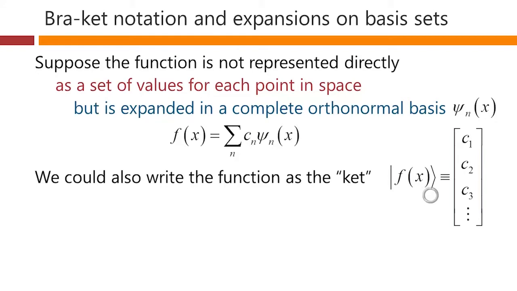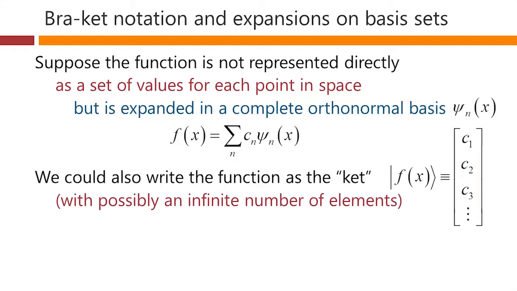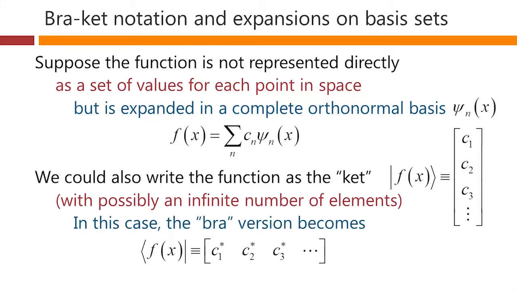So this ket vector is the same vector in the space, whether or not we write it this way, or whether or not we'd written it with all the values of the functions in here instead. Anyway, this is our ket vector now representing this function, and it may well have an infinite number of elements. And the bra vector would just be the complex conjugates of all of these expansion coefficients, now written out as a row vector.